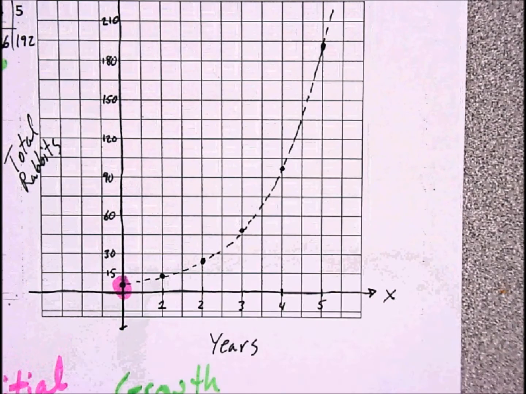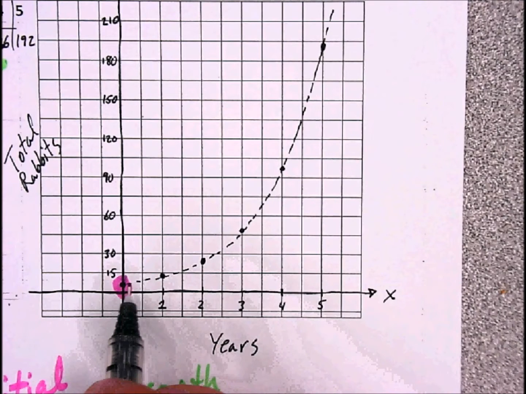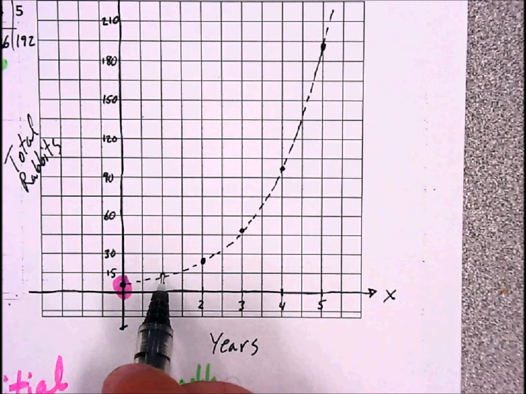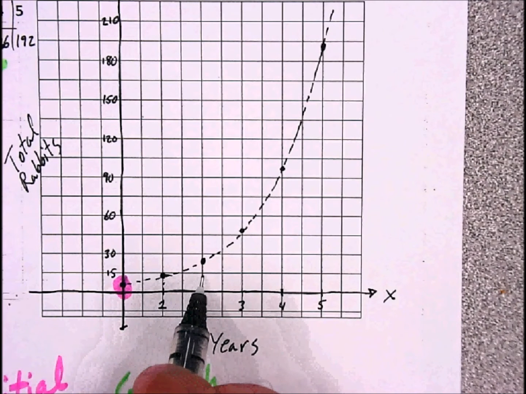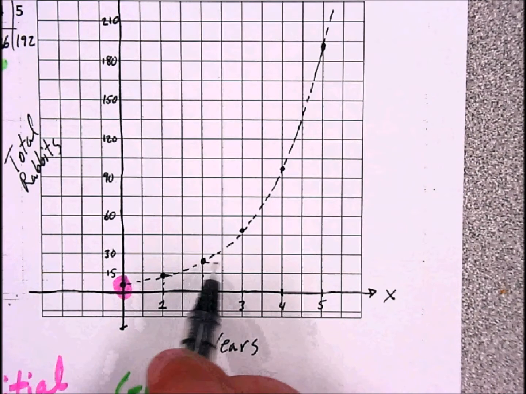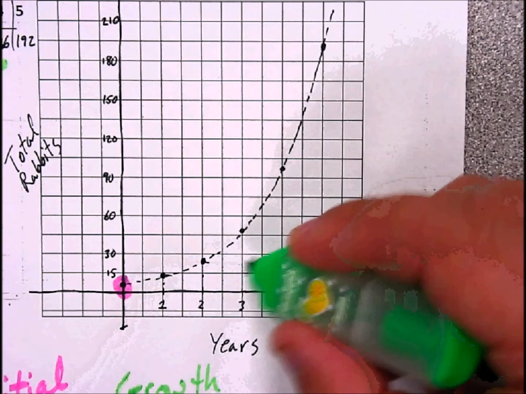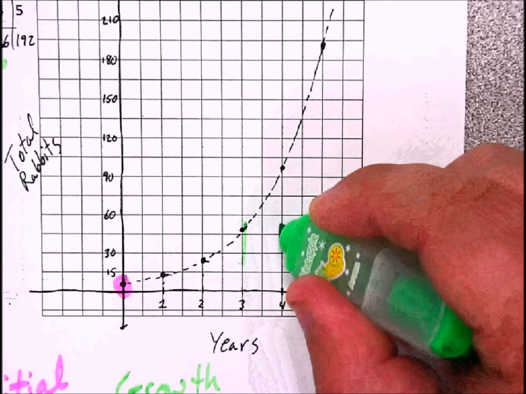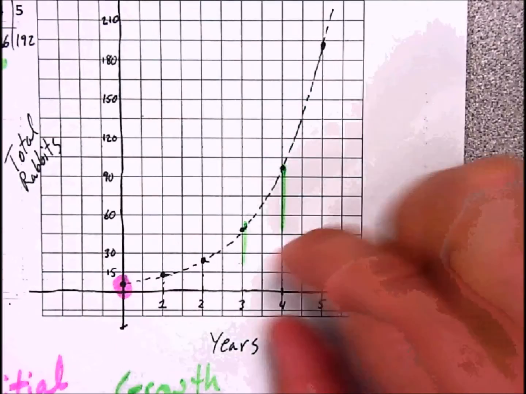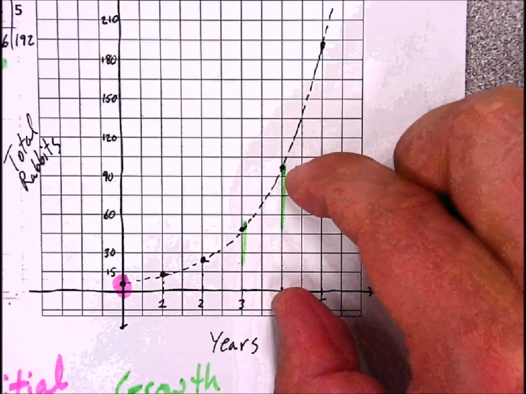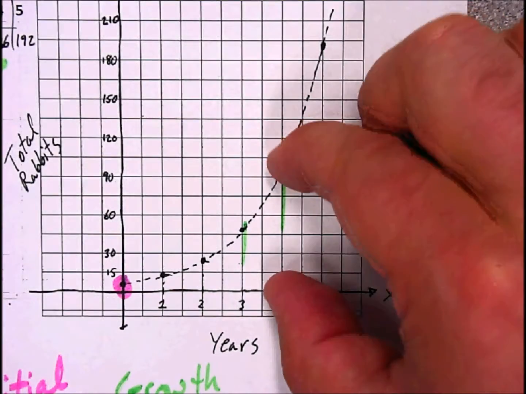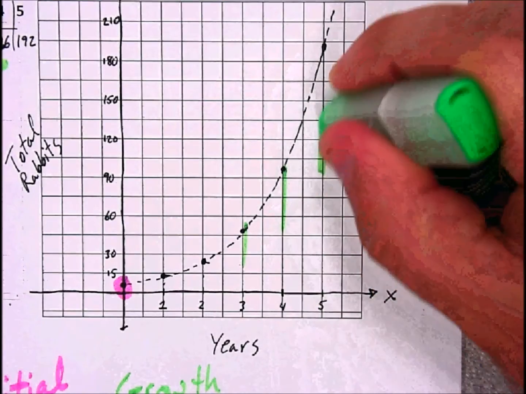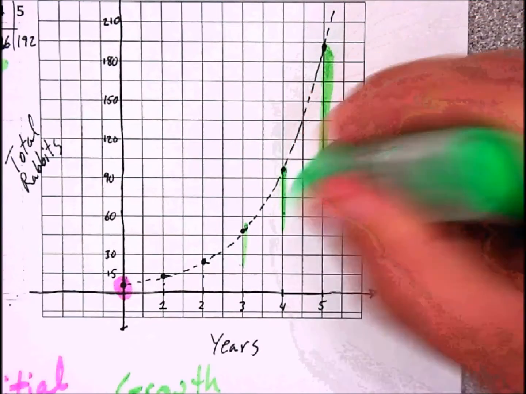Well, if I take this height and I come over and I double the height, I'll get to the next spot. And then if I come over and double that height, I'll get to the next spot, come over, and double that height. That's my growth. Come over, double that height, right? So this height doubles to become the next value. This height doubles to become the next value. And so this is where the growth is going to show up on your graph.